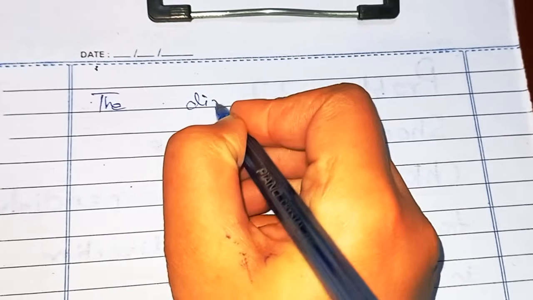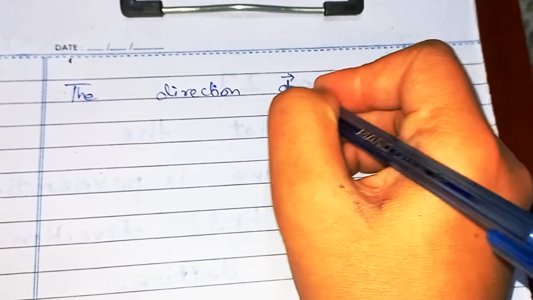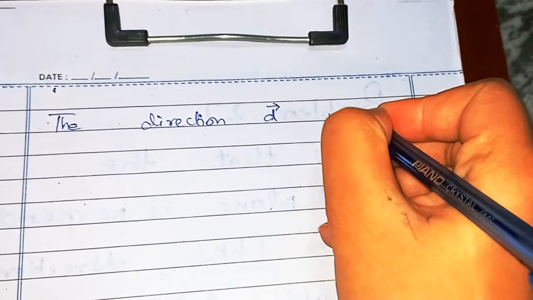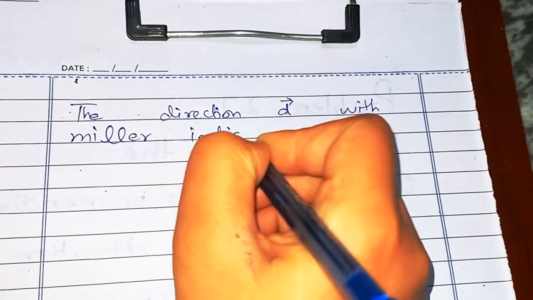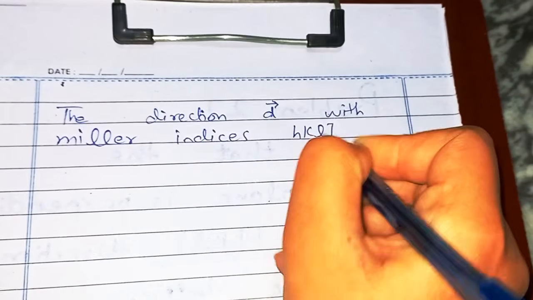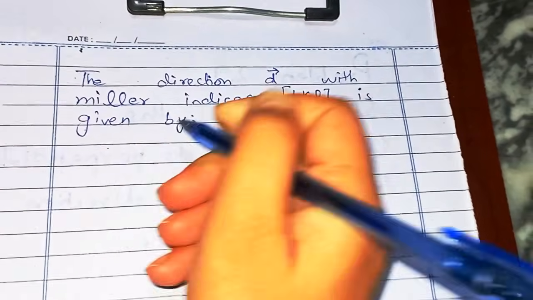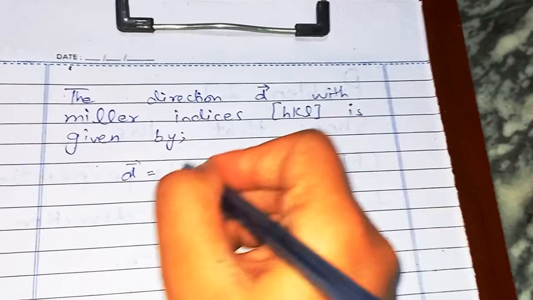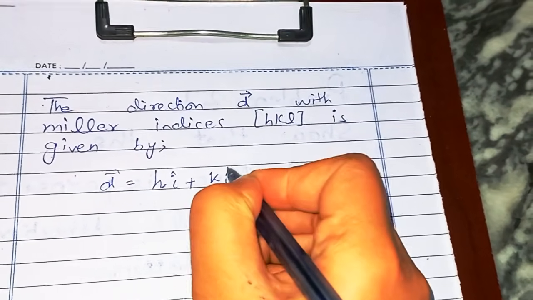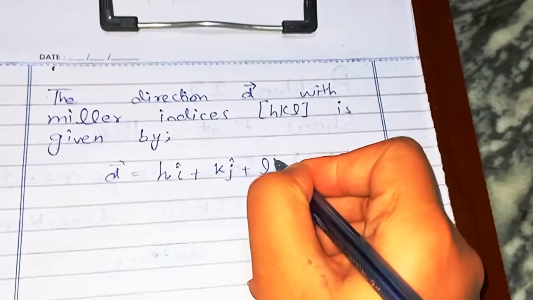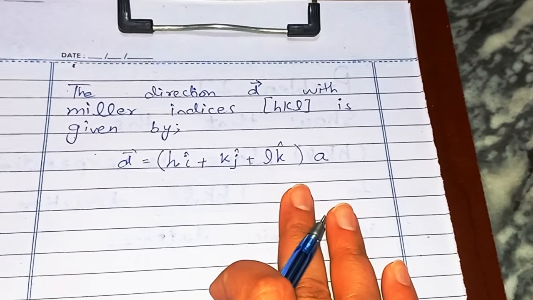The direction D, with an arrow over it to show that it's a vector, with Miller indices hkl, is given by, and that is really simple. The D direction is the first index, which is h, then i hat, plus the second index, which is k, then j hat, plus the third index, which is l, then k hat, and we'll multiply it with the lattice parameter to show that it's a cubic unit cell.